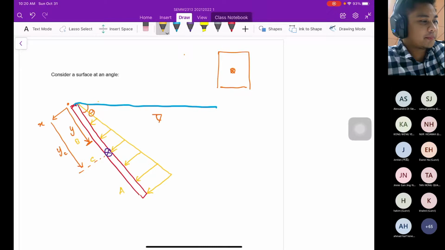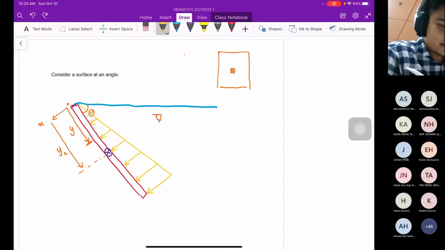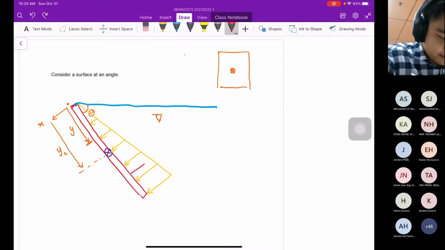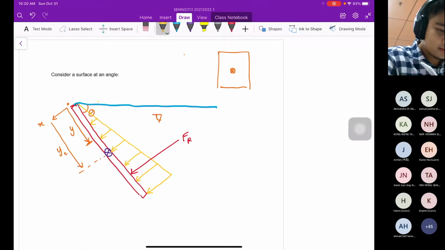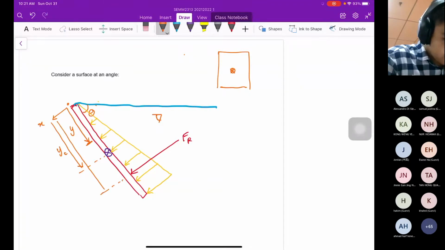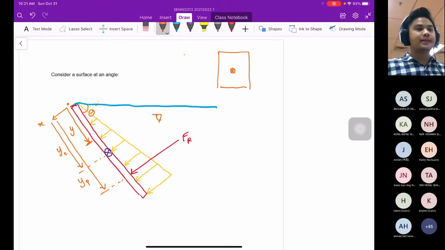A, definitely. Yes. The resultant force will act at A. So this is F R. It will not act at the centroid. So from here to here, we call as a YP, the center of pressure.